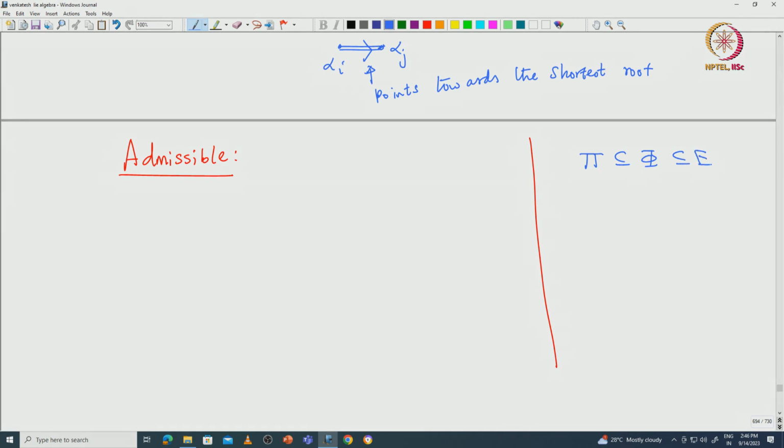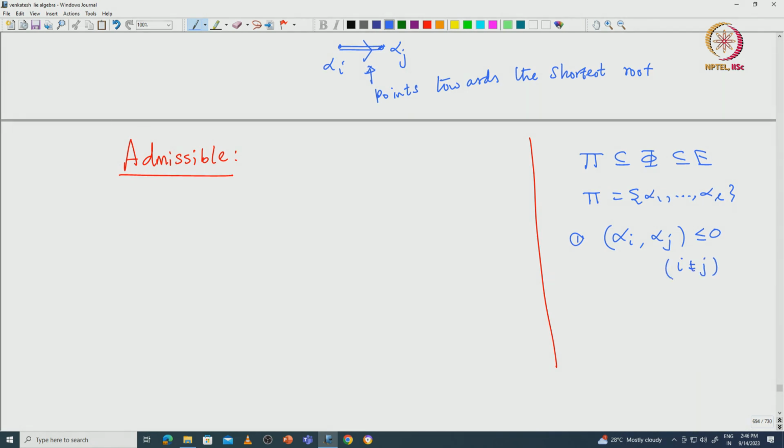Since Pi is a base, if I take Pi to be alpha 1 through alpha L, one important property is that the inner product between alpha i and alpha j must always be negative. That means the angle between alpha i and alpha j must be obtuse for all i not equal to j.